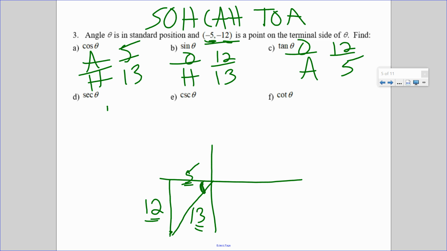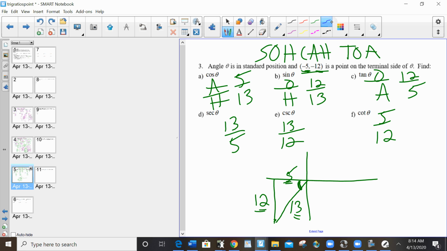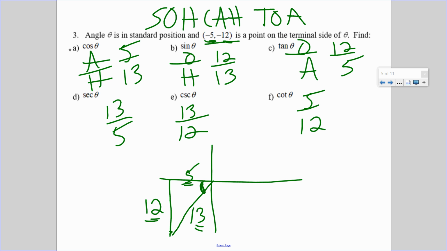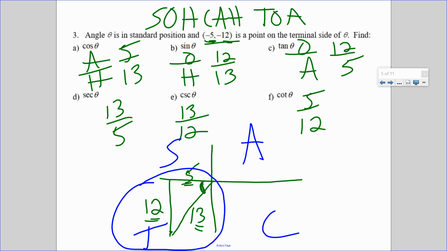The reciprocal of cosine is secant, 13 over 5. Reciprocal of sine is cosecant, 13 over 12. The reciprocal of tan is cotan, 5 over 12. Great, but we got 4 of them wrong. Why? Because of the final step, all students take calculus. In quadrant 3, only tan is positive.